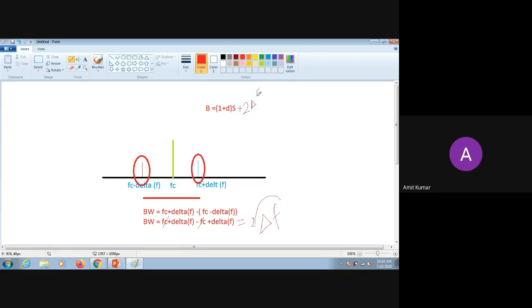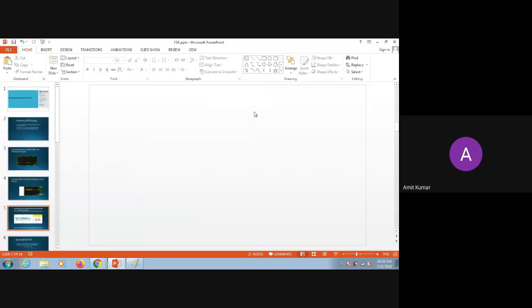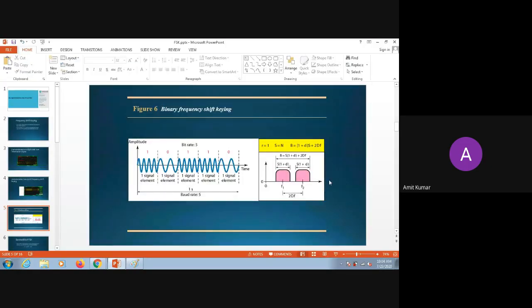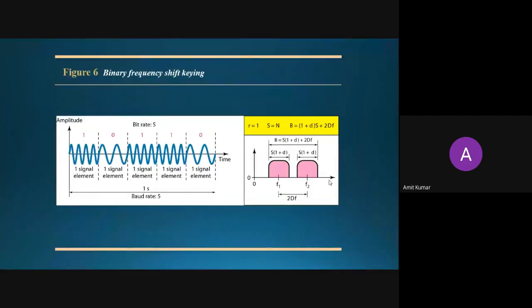So this becomes the bandwidth of your FSK signal, increased by the term 2 delta F. That's why the bandwidth requirement of an FSK signal is higher than an ASK signal, and we are not using FSK widely in our day-to-day applications.